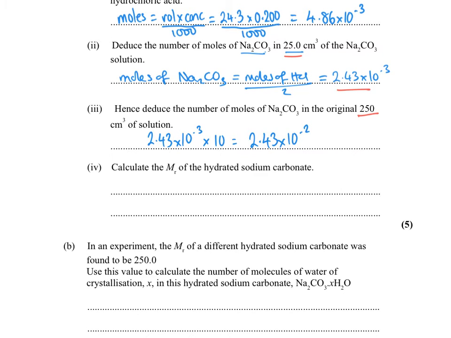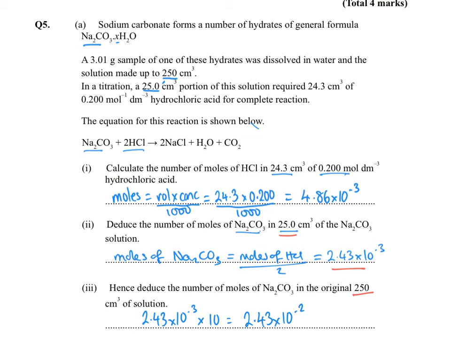Okay, so we then need to work out the MR. Now to work out the MR, we're going to do mass divided by moles. Now we've worked out the moles. The mass is given to us up here in the question, so we're going to use that mass.